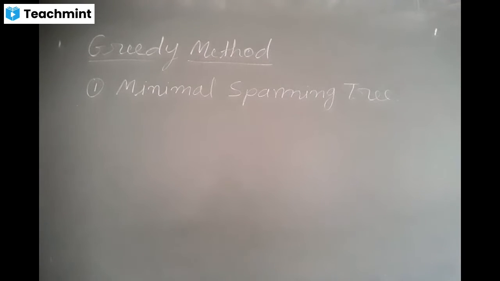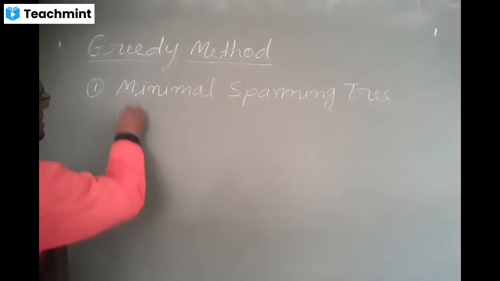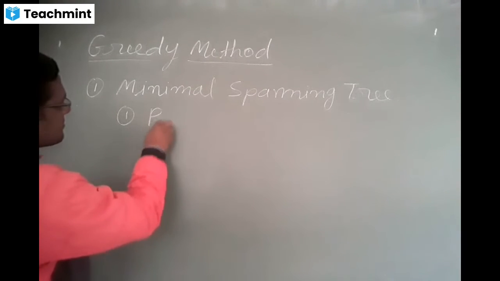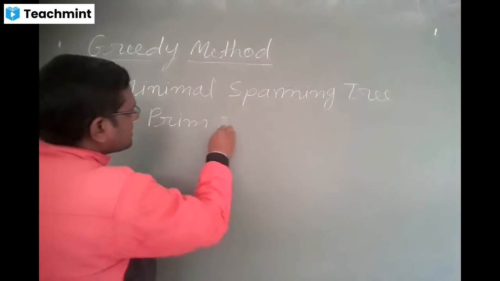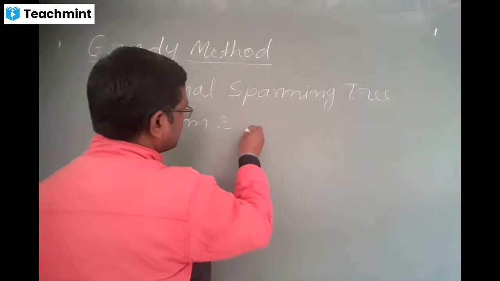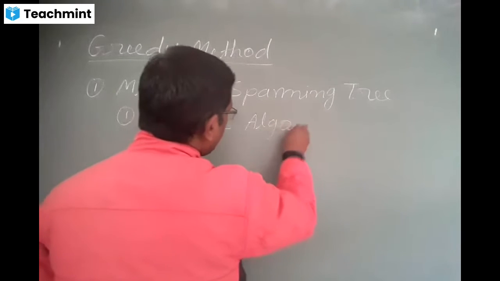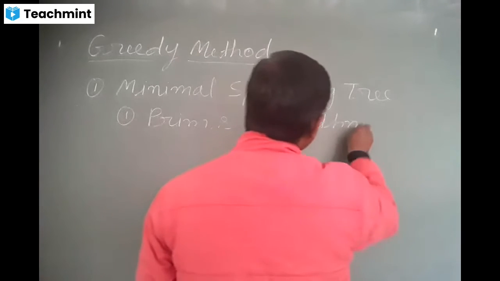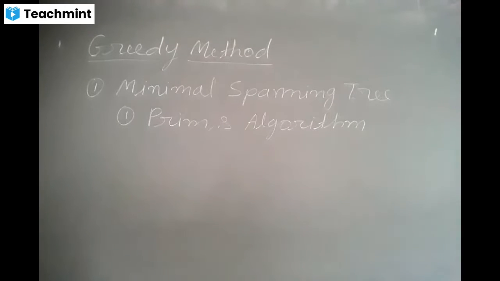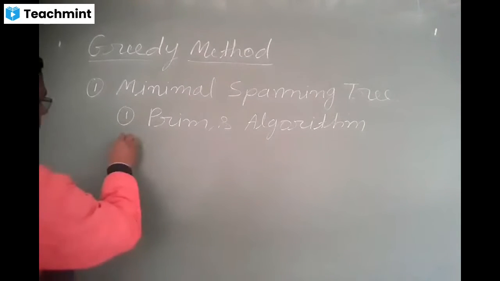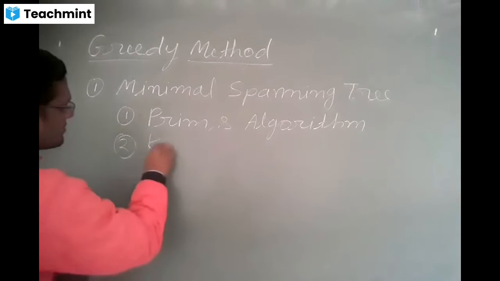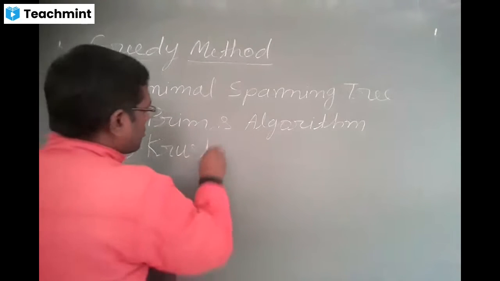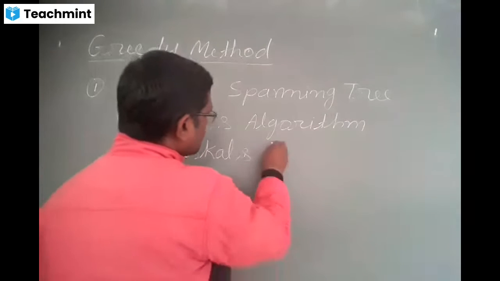There are two methods which are used to find the minimal spanning tree. One is Prim's algorithm, and the other is Kruskal's algorithm.